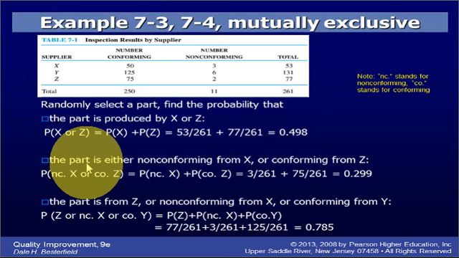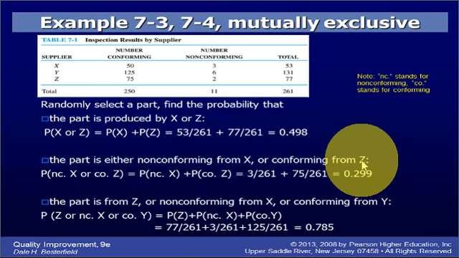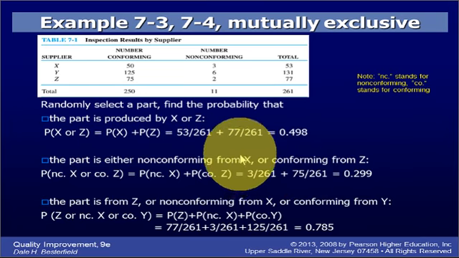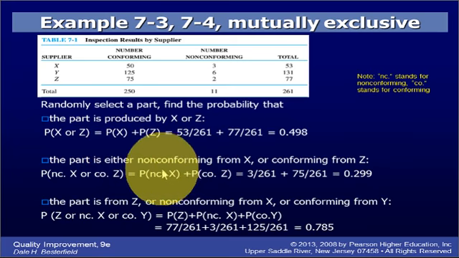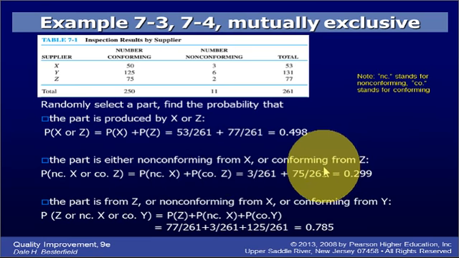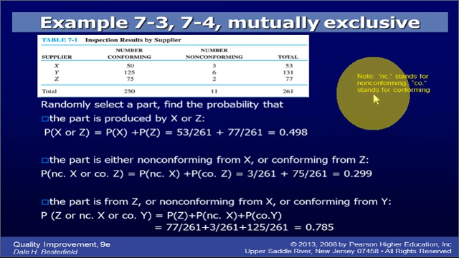The second example is that the part is either non-conforming from X or conforming from Z. So now there are still two mutually exclusive events, right? Because if event A occurs, if this part is from X and non-conforming, then this part will definitely not be from Z. Either conforming or non-conforming, it will not be from Z. So I use NC to stand for non-conforming and CO to stand for conforming.